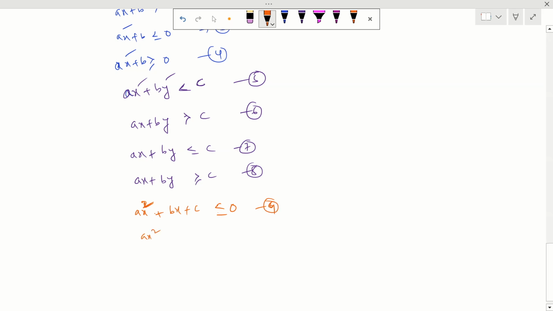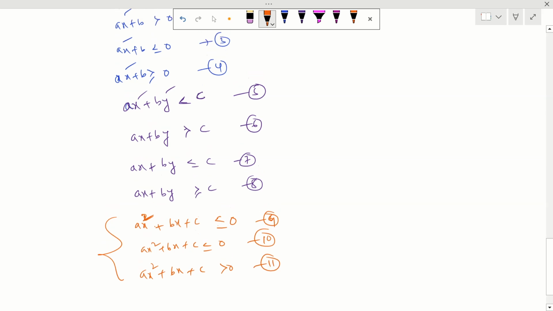And ax square plus bx plus c less than or equal to 0, this is equation number 10. And ax square plus bx plus c greater than 0. So these are only non-linear type of equations.